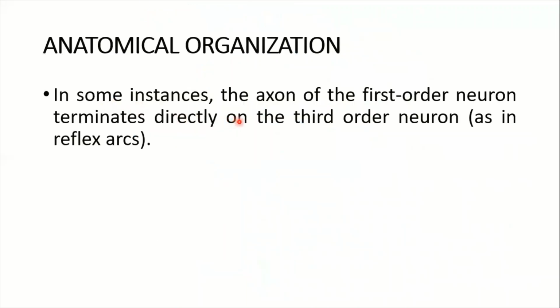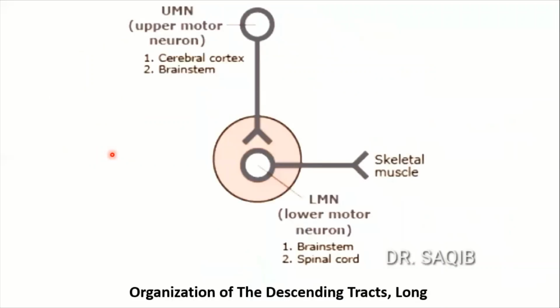In some instances, the axon of the first order neuron terminates directly on the third order neuron, as in the reflex arcs. This is another interesting picture. This is an upper motor neuron, right? It is located in the cerebral cortex and the brain stem. This is the cell body and the fibers coming down.